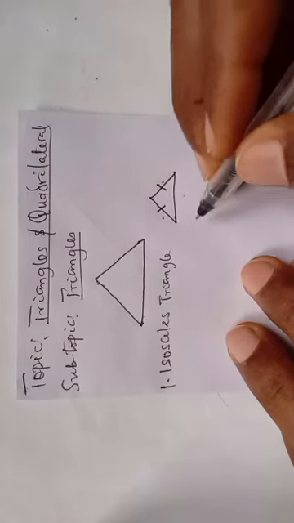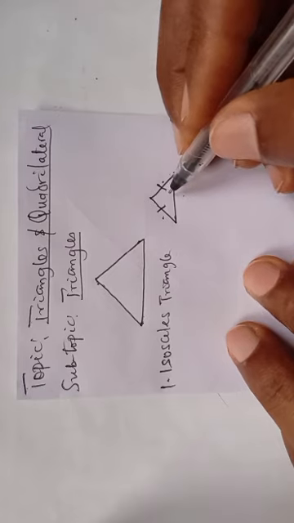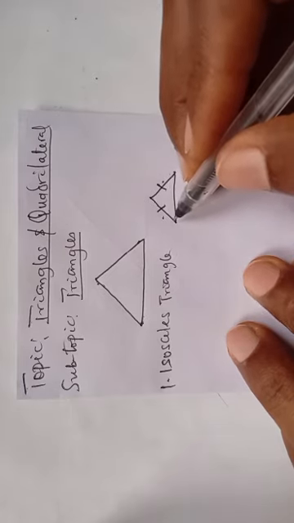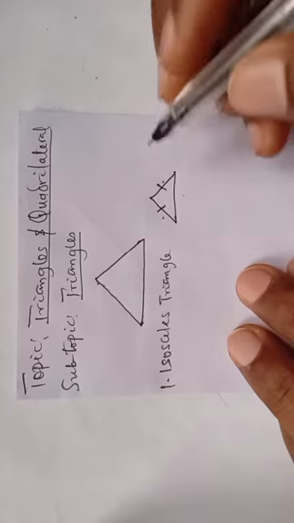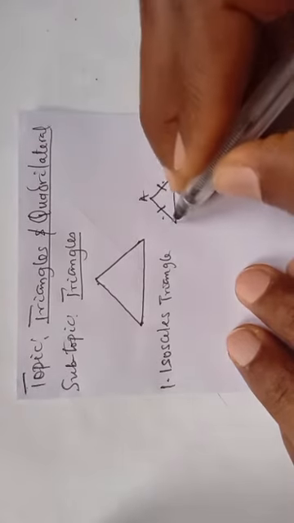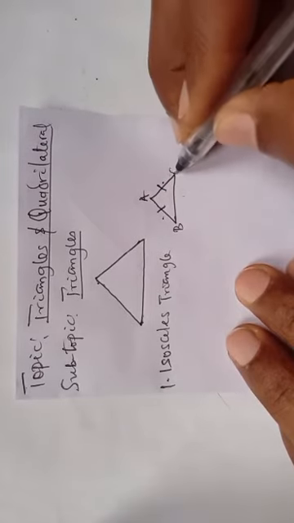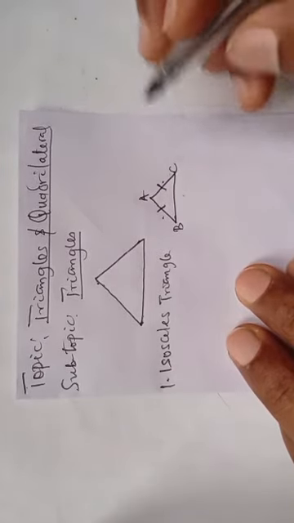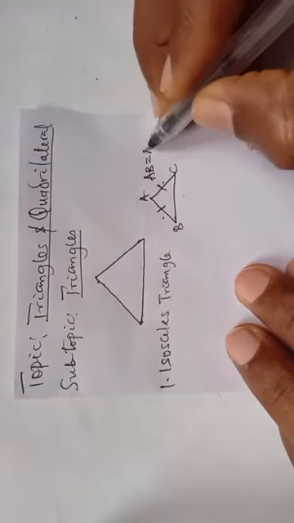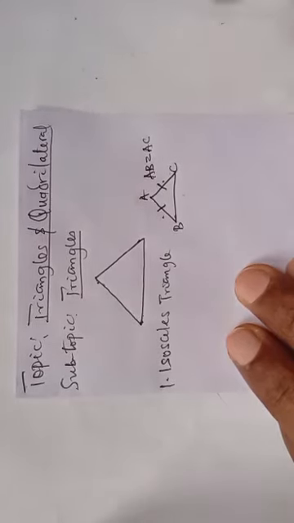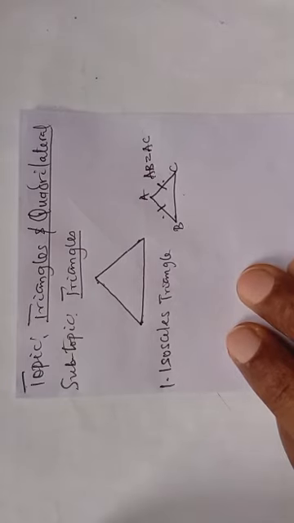That's what this stroke means. And once it's all about two sides, it's talking about an isosceles triangle. That means if here is A, here is B, here is C, then AB is equal to AC in length. As simple as that.